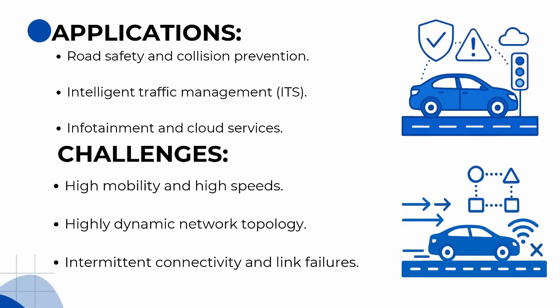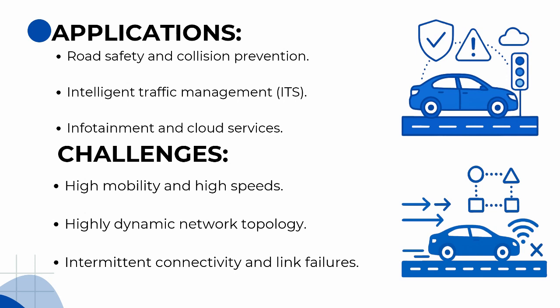The applications of these networks are fascinating, ranging from road safety, such as sudden braking warnings or accident detection, to passenger entertainment via cloud computing. However, the environment is extremely hostile to the network layer.